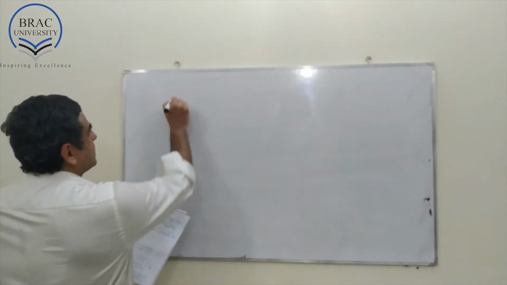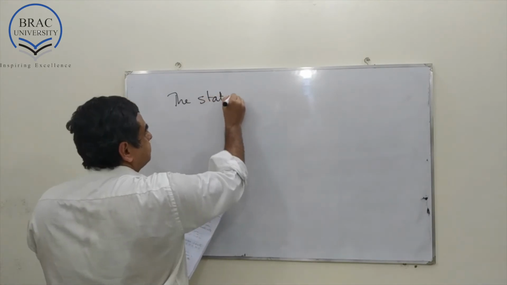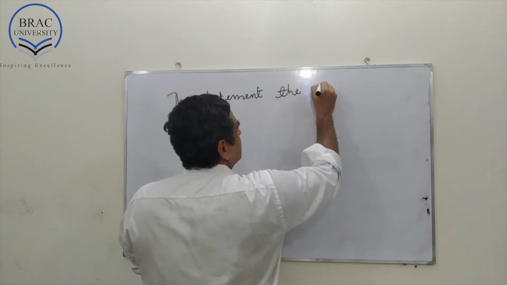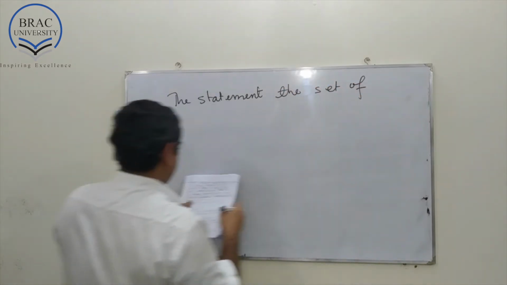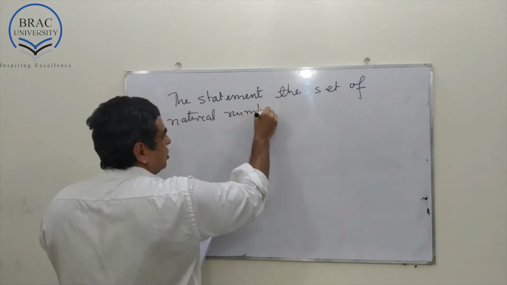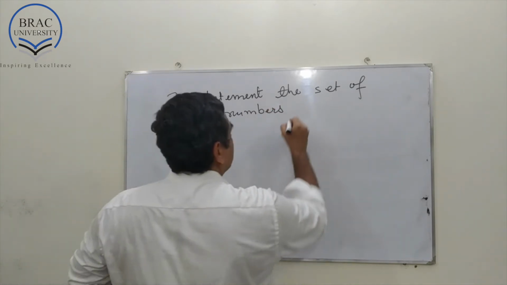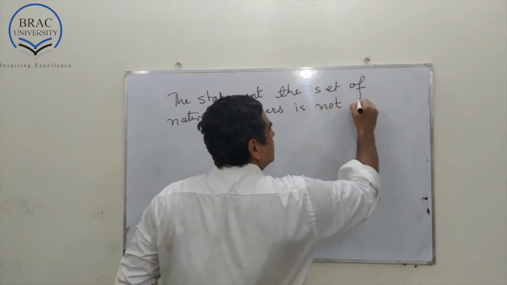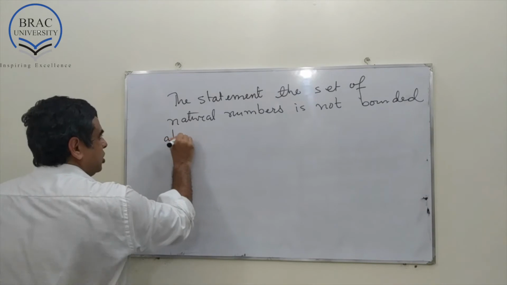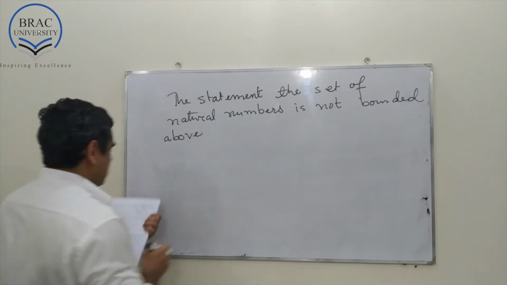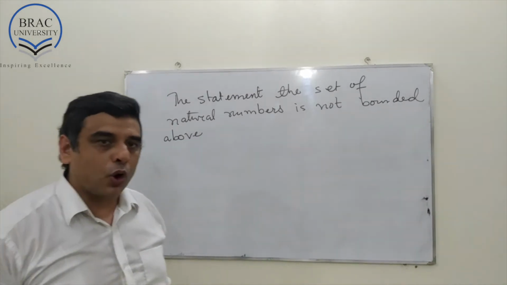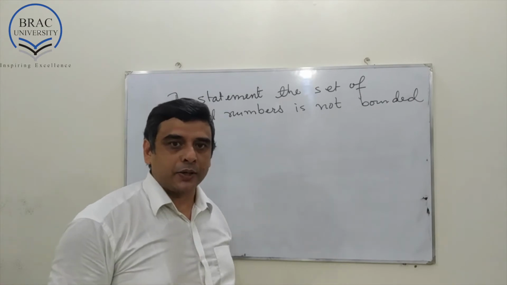Okay, so the statement that the set of natural numbers is not bounded above means that whenever you mention a natural number, there is always a natural number which is bigger than the given natural number.